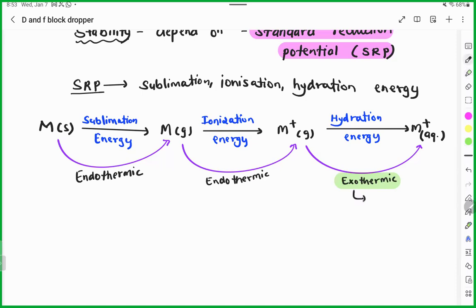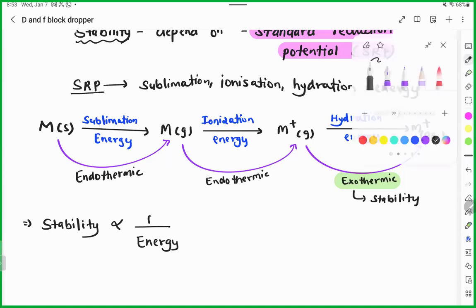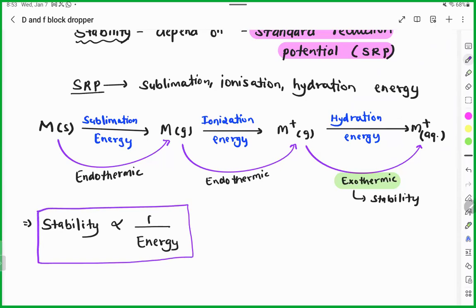Because if it is exothermic, it provides stability. What is the simplest criteria, Pratigya, to become stable? The simplest criteria in all chemistry is energy. More energy, less stable. Less energy, more stable. Now you are releasing energy, so the system has less energy, more stable. Any doubt?